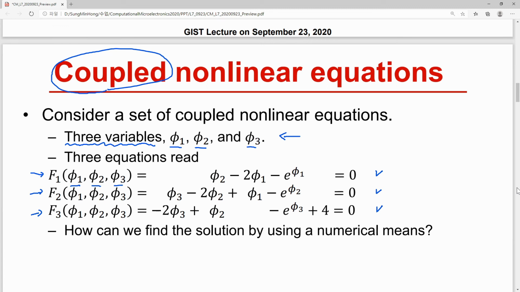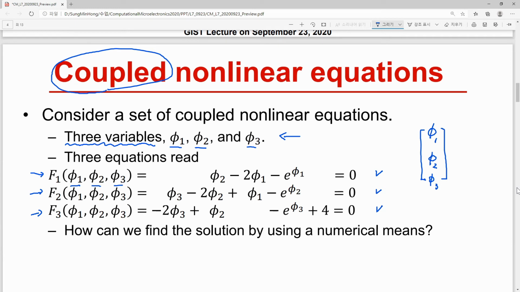Let's say that you have a certain solution vector having phi1, phi2, phi3, and your first and second equation are exactly satisfied. You have exactly zero for your first and second equation. But say that your third equation fails significantly.